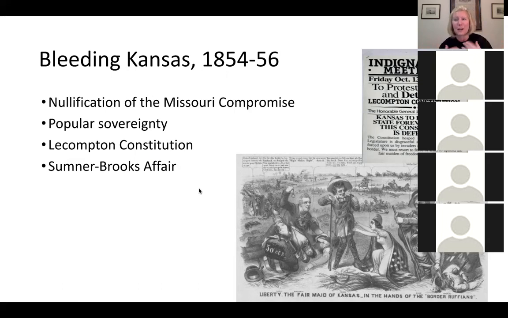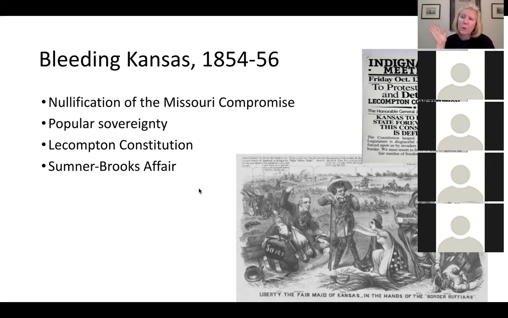They were like, by our records and the way we count, you don't have 60,000 people. But James Buchanan, who was the president at the time, he actually gave it an audience, read it, and said, well, it seems pretty legitimate to me. And although it never becomes the Constitution of Kansas, Kansas won't become a state until the Civil War, it was enough to encourage even more fighting and bloodshed.